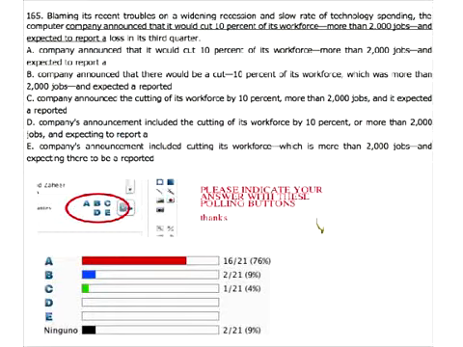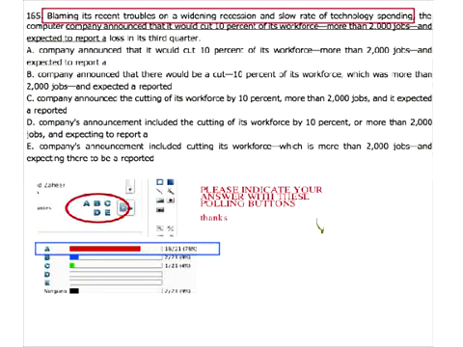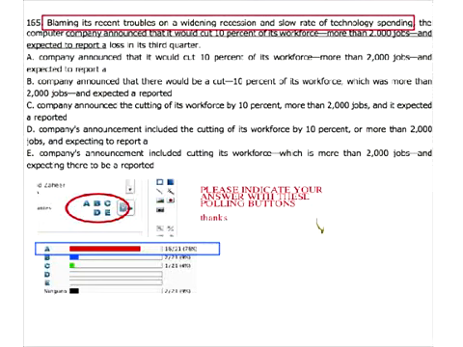We're looking at a strong majority in favor of A. It's good news. Let's take a look. Blaming its recent troubles on a widening recession and slow rate of technology spending. That is an ing initial modifier. So we need to know who's blaming its troubles on this stuff.